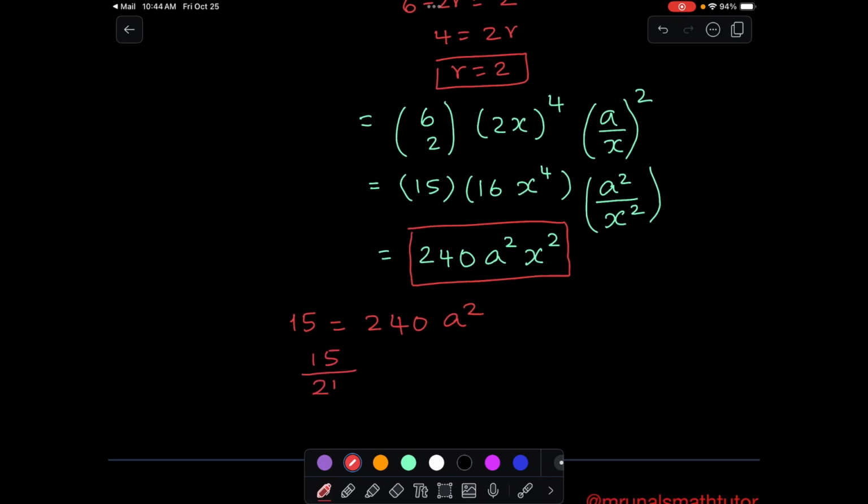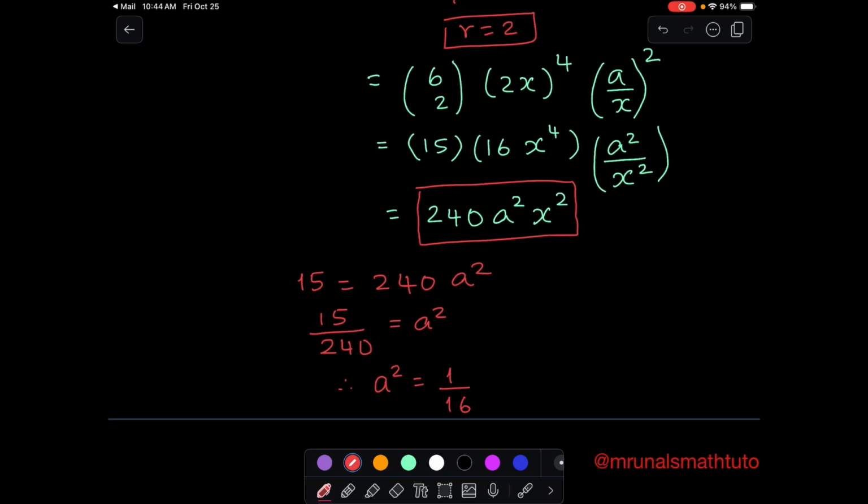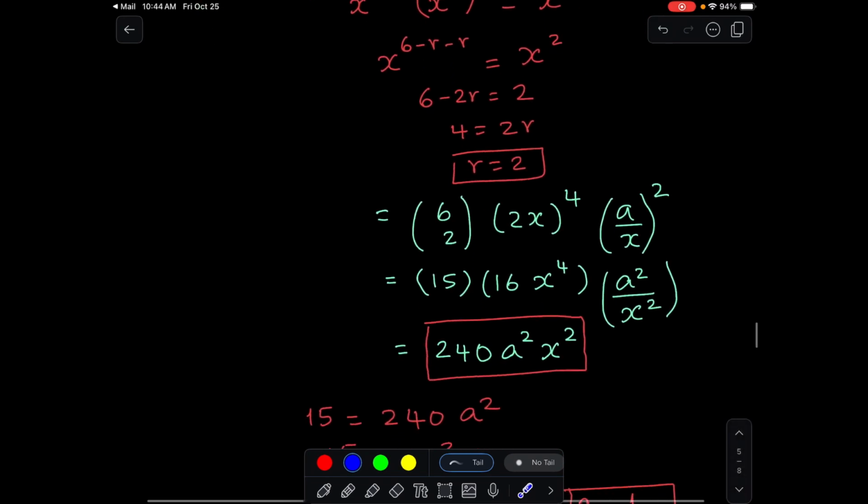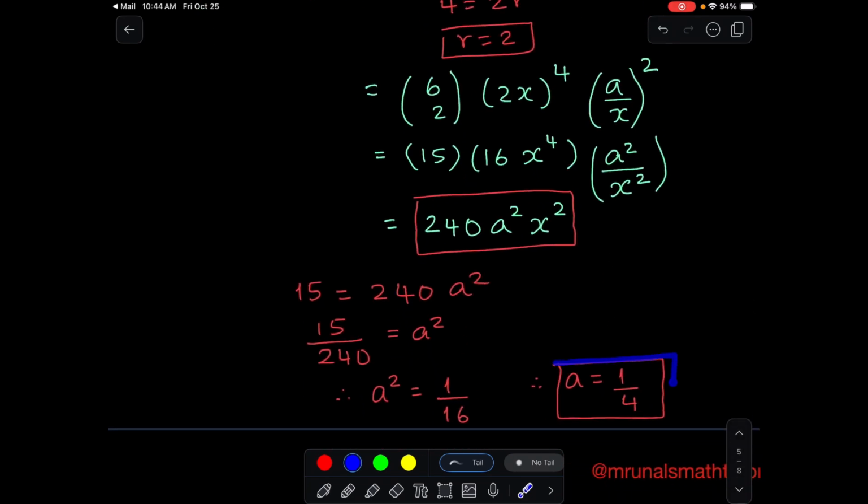So 15 divided by 240 is equal to a square. That gives me a square equal to 15 divided by 240, which is 1 over 16. So a is square root of 1 over 16. That is 1 over 4. Remember, the question has specified that a is a positive constant. Therefore, we are just going to take the positive square root and we get a as 1 over 4.